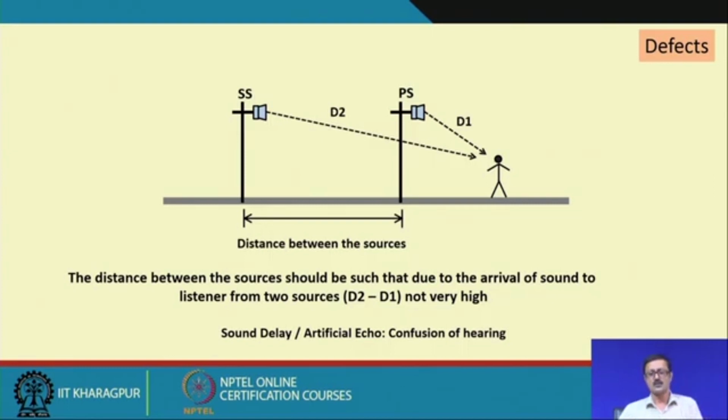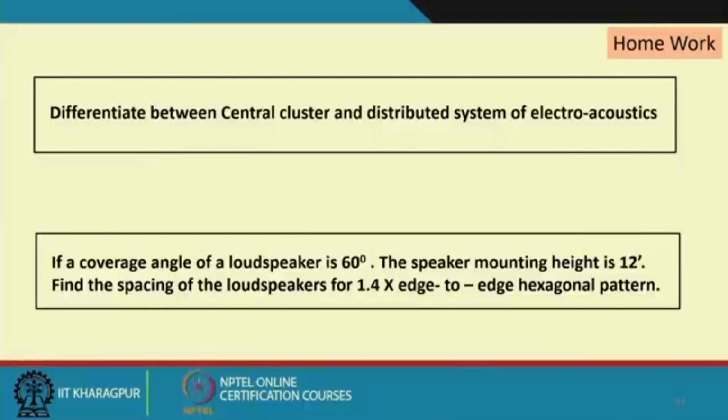So, the sound from D1 reaches you early and the sound from D2 reaches you a little late, and a little late means it is more than 1/10 of a second late, and those two sounds merging with each other in a time lag create an artificial echo or those kinds of problems. So, that is all for this particular lecture number 27, which deals with the acoustical principles and their relation with the systems of acoustics, electroacoustics.